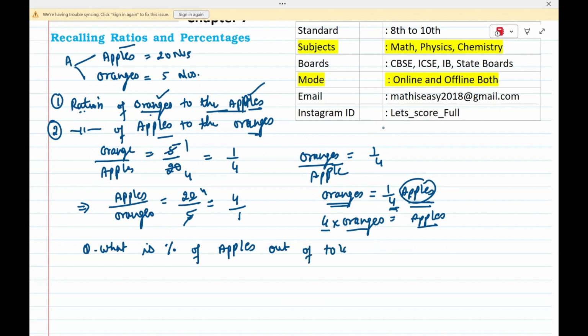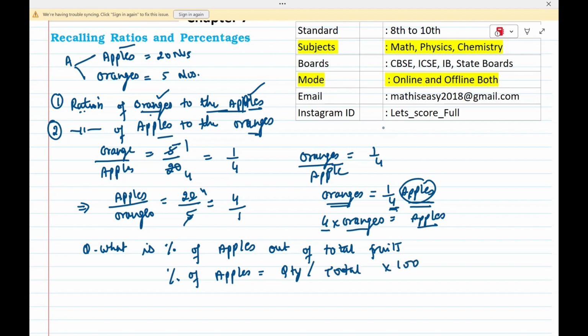Here, apples I have 20, and total fruits means I have to add all these. So for the percentage of apples, I have to take the apple quantity in the numerator. So I'll simply write the quantity divided by total, into 100.